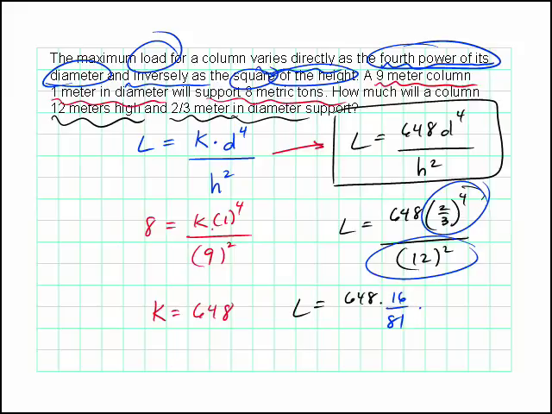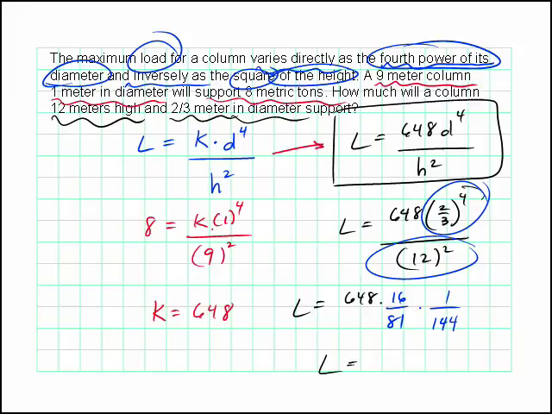And if you divide by 12 squared, that's really the same as multiplying by 1 over 12 squared, which is 1 over 144. And you could use a calculator to help you with this if you want, or you could reduce your fractions by yourself if you are inclined.